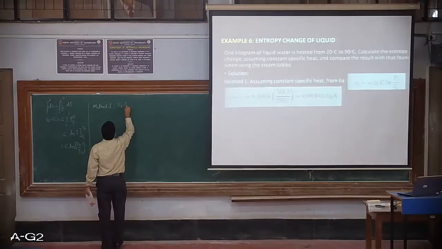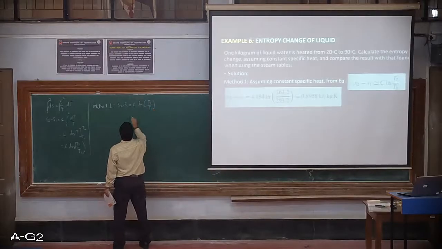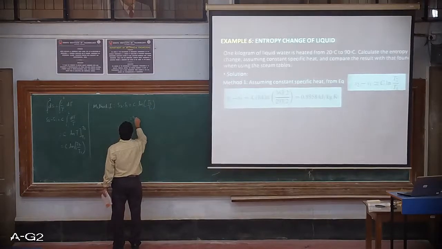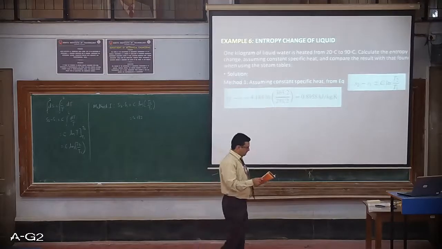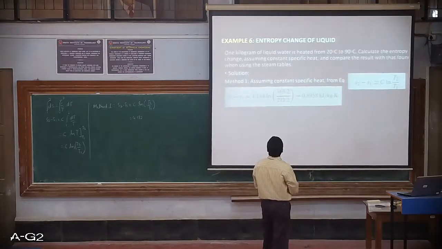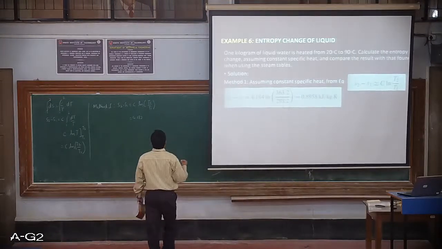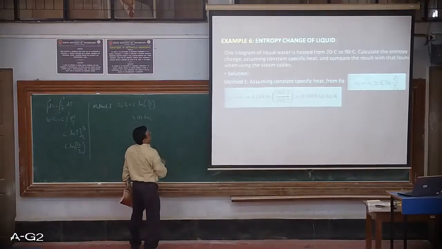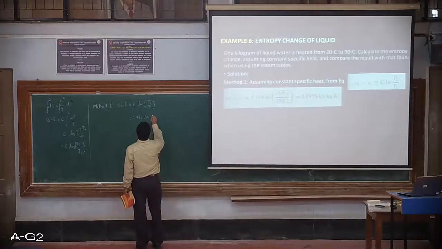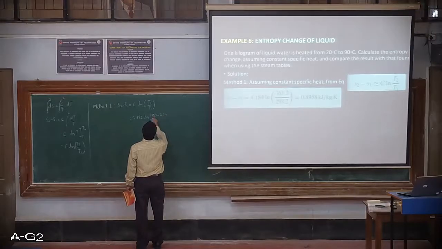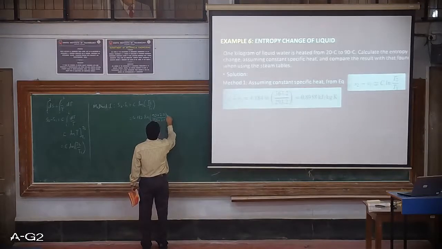So S2 minus S1 is equal to C ln(T2/T1). C is the specific heat of water, which is 4.182 kilojoule per kg Kelvin, and then take the values of T2 and T1 in absolute temperature. T2 is 90 degrees Celsius, so it is 90 plus 273, divided by the initial temperature, 20 plus 273.